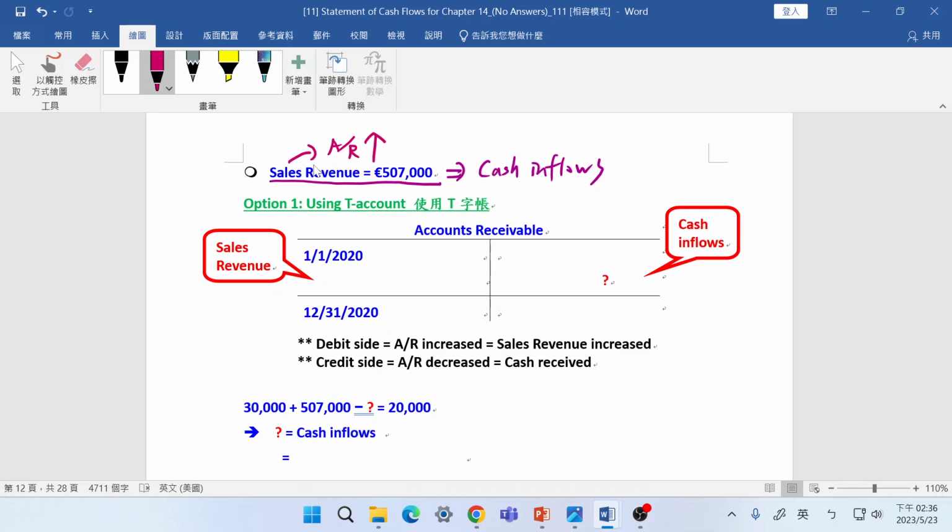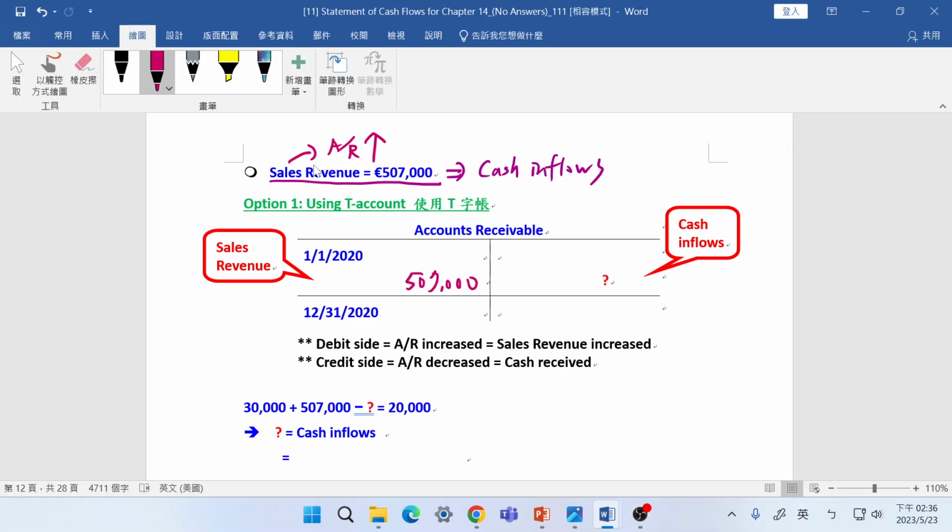So it means your accounts receivable will increase by the same amount, $507,000. Okay, so I know accounts receivable increases because of sales revenue. Don't forget, you need the help from accounts receivable, right? So what's the beginning balance and ending balance?